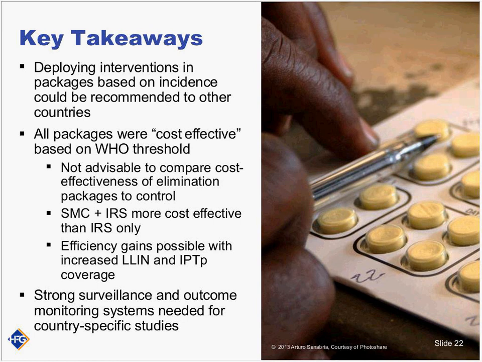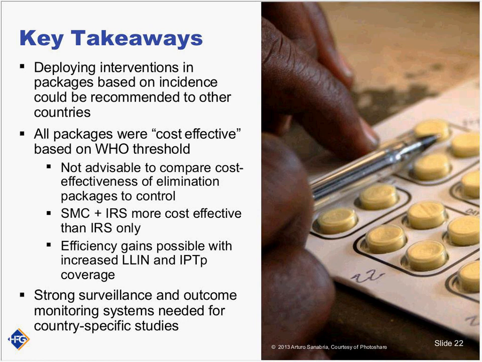And then the efficiency gain possible with increase of these two key preventive interventions is also something we want to note. LLINs and IPTp are at relatively lower coverage in Senegal, and we feel like if that coverage could be increased, it can help boost the effectiveness of this package.